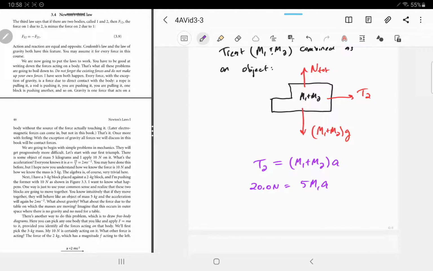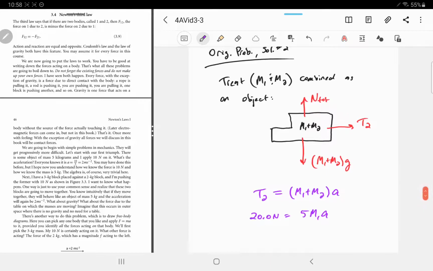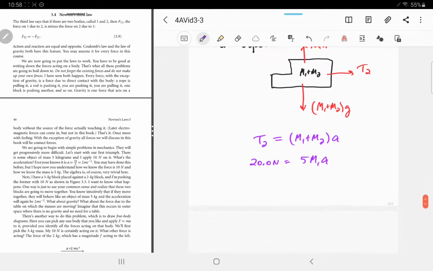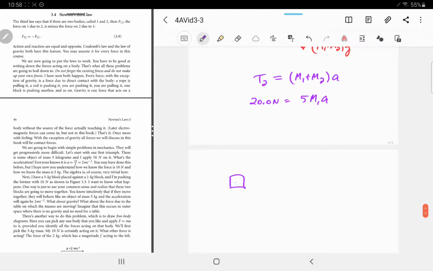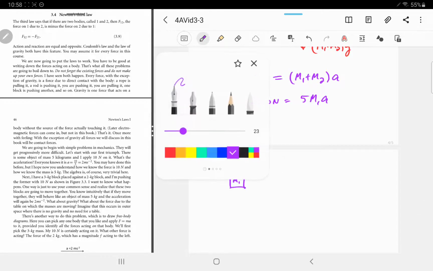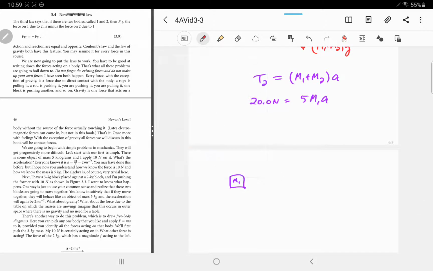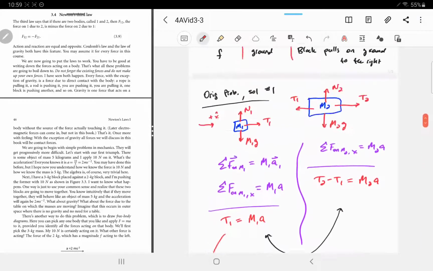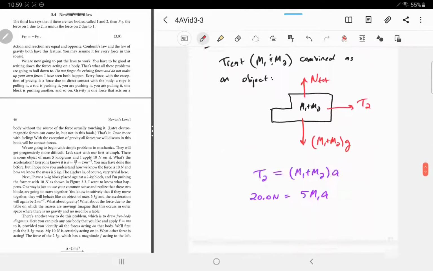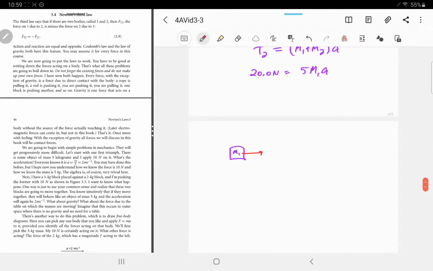Okay, so we have that piece of information. And then after we have the combined piece, we can then look at M1 by itself. So you'll see how this is basically the same thing as our original solution, right? It's just instead of M1 and M2 as 2 separate objects, it's the combined thing and M1 as the 2 different free body diagrams.